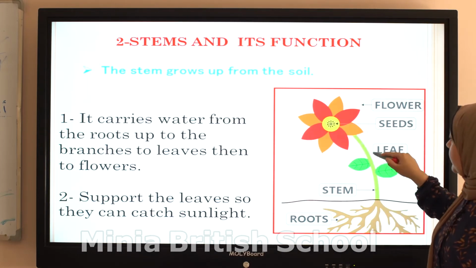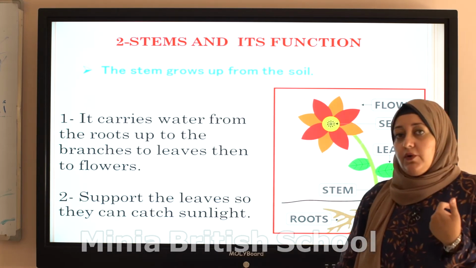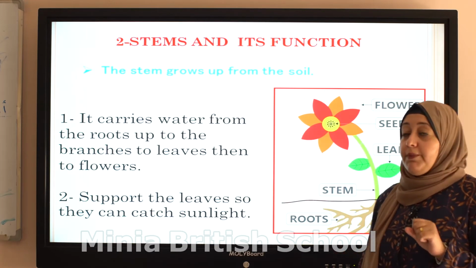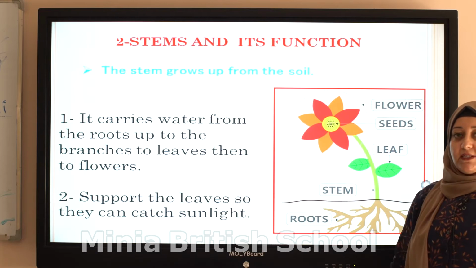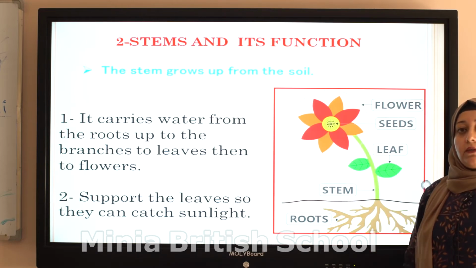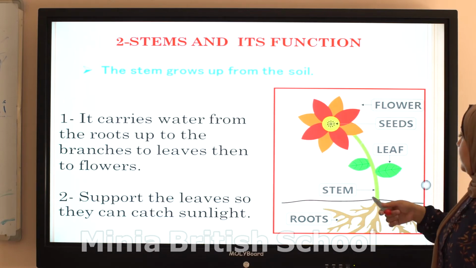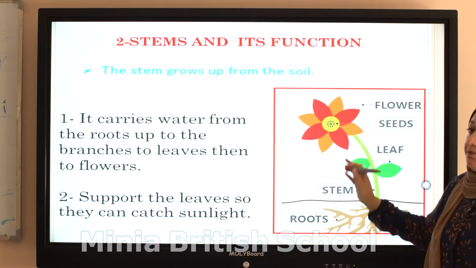Number two, we will ask ourselves now a question. How can this flower stand like this? Why does it not fall on the floor or on the soil? Because of the stem. As our body helps us to stand like that, our backbone, the stem is like the backbone for the plant.